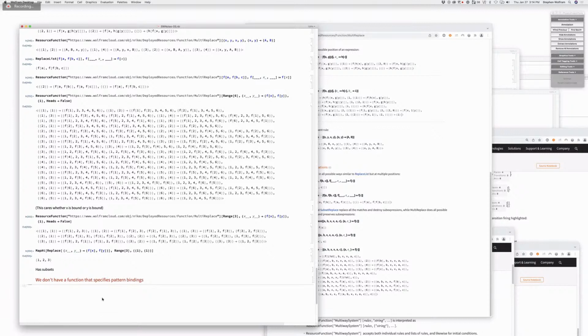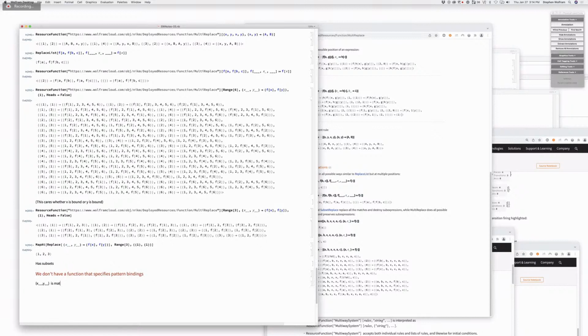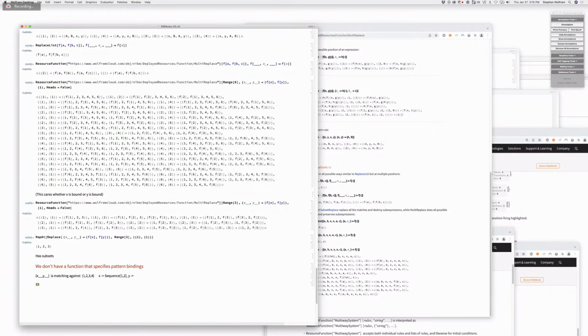In other words, given that this is matching against, I don't know what, 1, 2, 3, 4, then we don't have a way of saying X is, in this case, probably the sequence 1, 2 or something. Can't you just say X : pattern sequence 1, 2? What are you saying? X : pattern sequence of 1, 2.